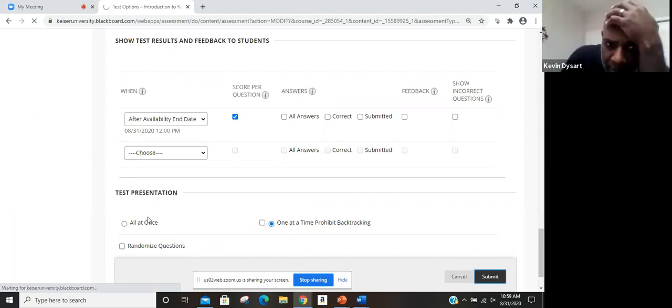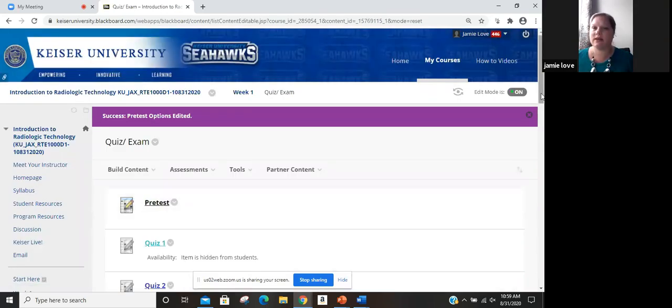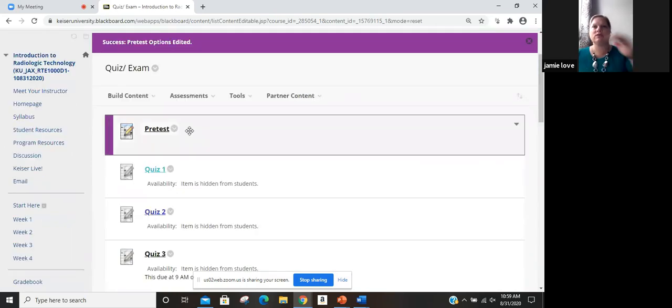Is it case sensitive for the button? I believe so. So all lowercase. So it should be there now if you hit refresh under the quiz folder. And then let me know if you have any issues.